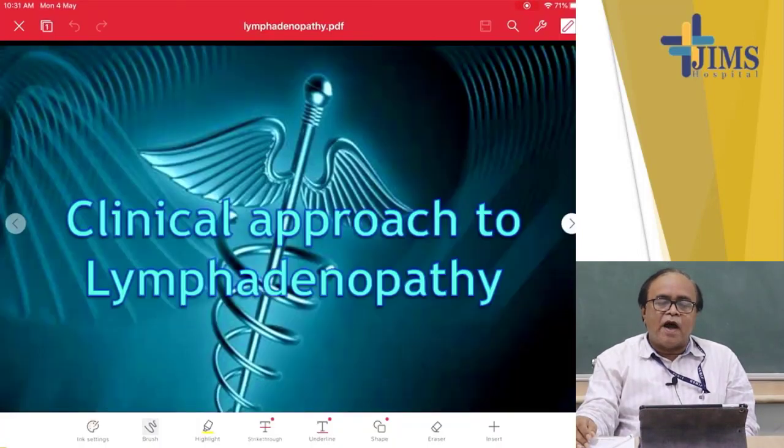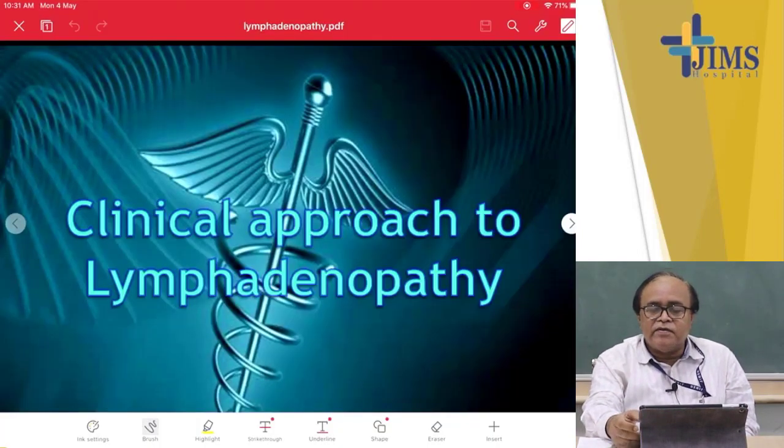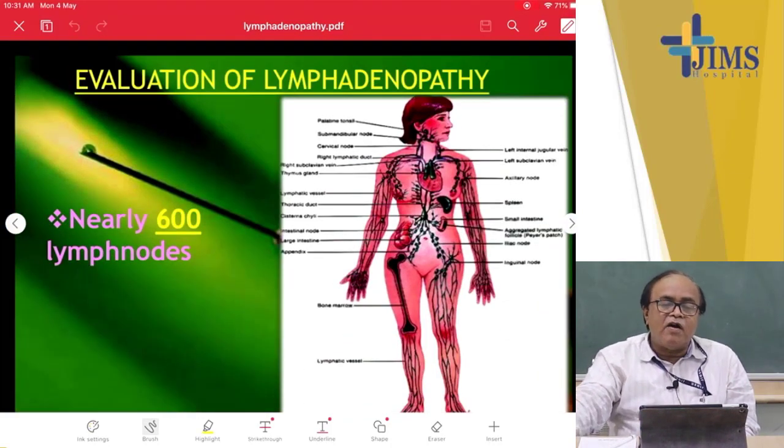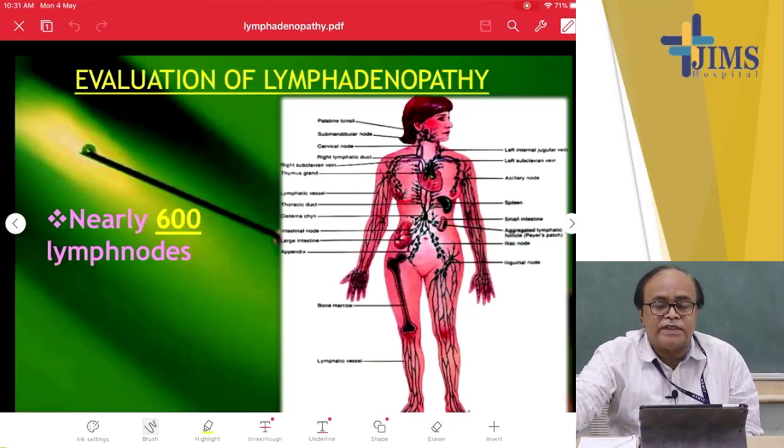So, how will we approach a case of lymphadenopathy? First, you have to know how many lymph nodes are there. Approximately there are 600 lymph nodes in our body.